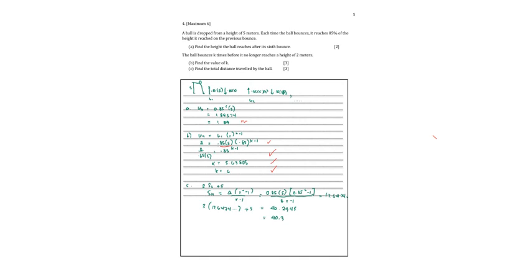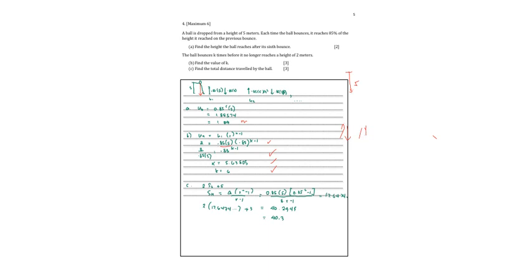Now for letter C, find the total distance traveled by the ball. When it bounces up, it needs to go down. So we are not just finding the sum of the up, but also the sum of the down. The up and down are the same. So we shall have 2 s sub n plus 5. Why plus 5? Because we started from this height 5.